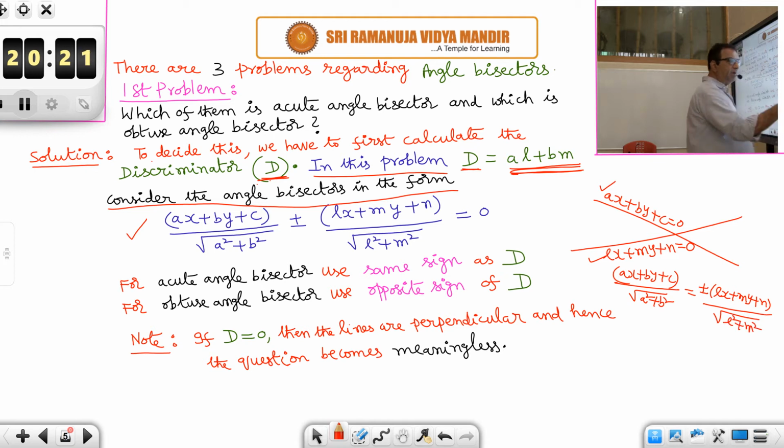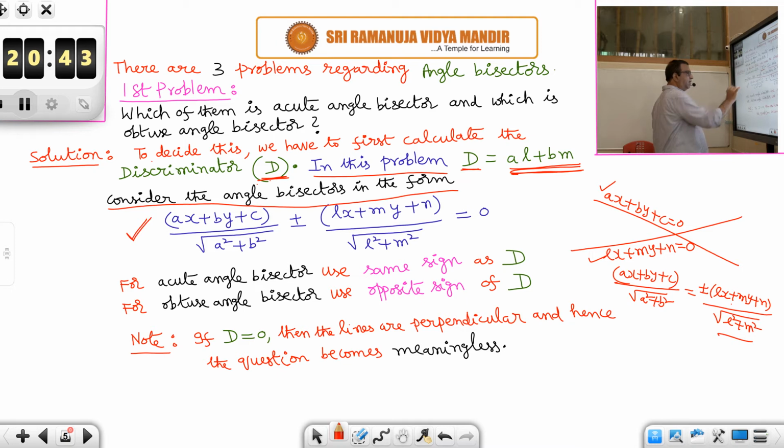See, the right hand side always we can bring to left hand side, is it not? Suppose you take plus sign on the right hand side, when it comes to left hand side it becomes minus sign. Similarly, if you take minus sign on the right hand side, if you take it to left hand side, it becomes plus. So here the form is also important.